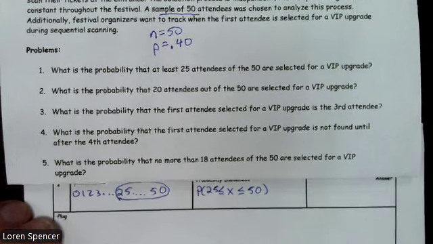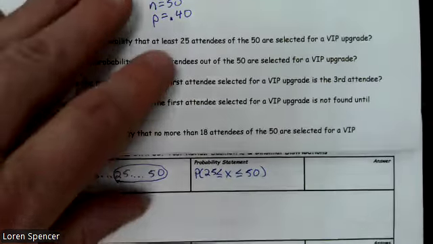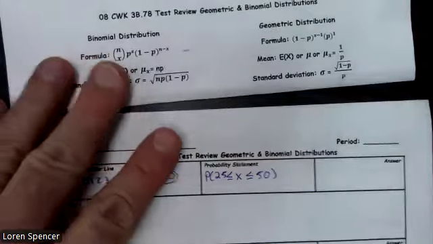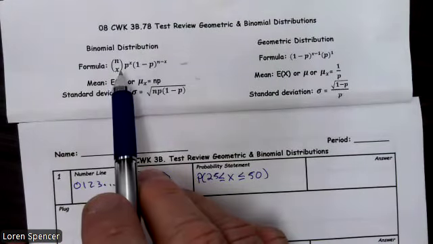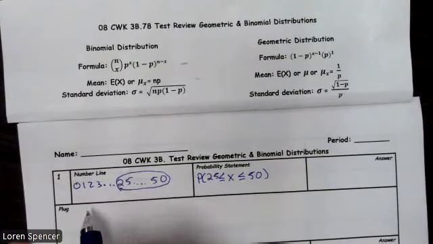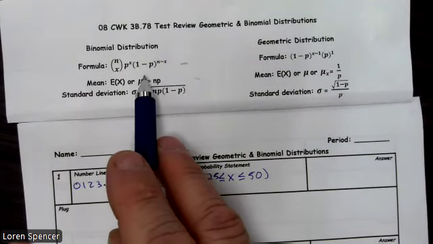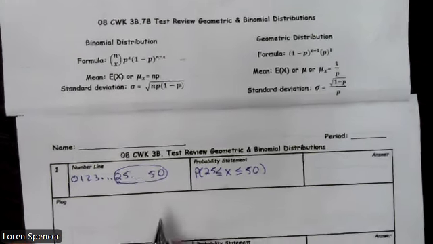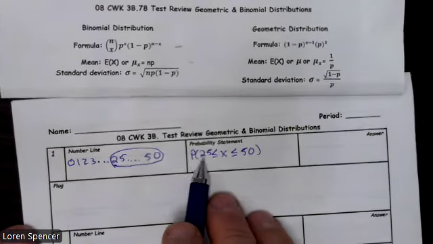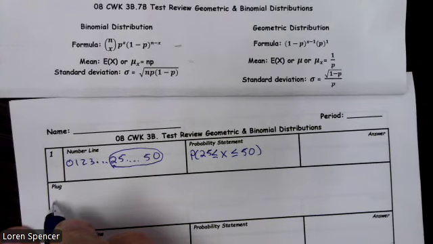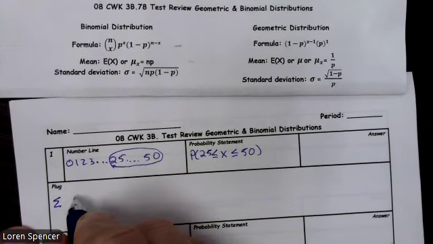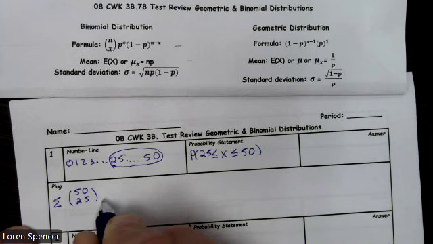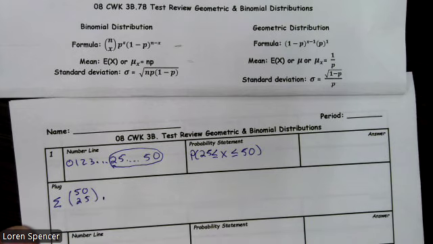All right. So my formula for the binomial is n choose X, which is my sample size, and an X, and probability p to the X times 1 minus p to the n minus X. But in this case, I'm going to have to do a summation. And I know I'm doing a summation because I have multiple values circled. So this is going to be the summation, and it's going to be 50 choose 25, the lower bound. Our probability that we said was 0.40.